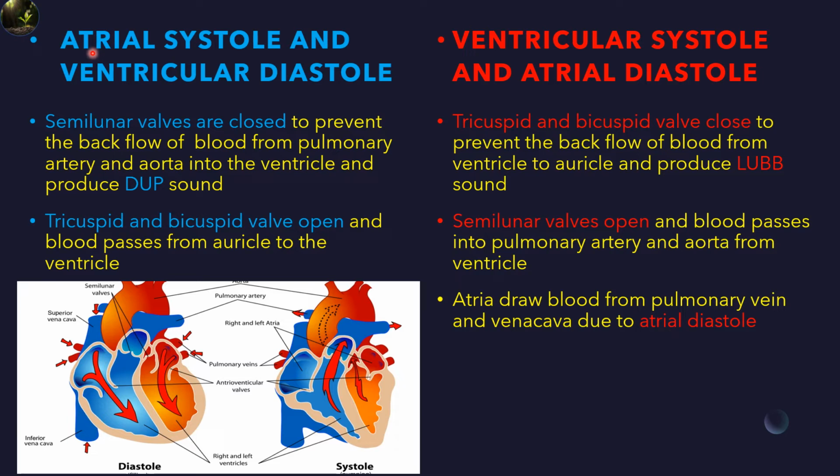At the time of atrial systole, the atria will contract. Here you can see that at the time of atrial systole, the blood from the atria will enter into the ventricle. At the same time, the ventricle is in diastolic stage.